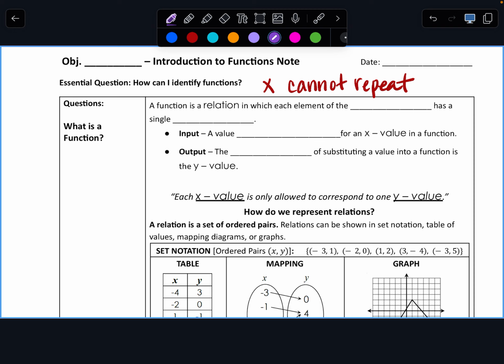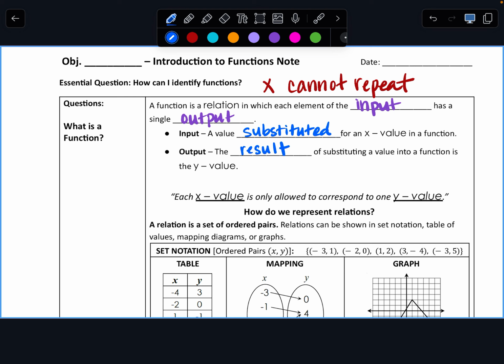A function is a relation in which each element of the input has a single output. So the input is a value substituted for an x value, and the output is the result of that value being put in.